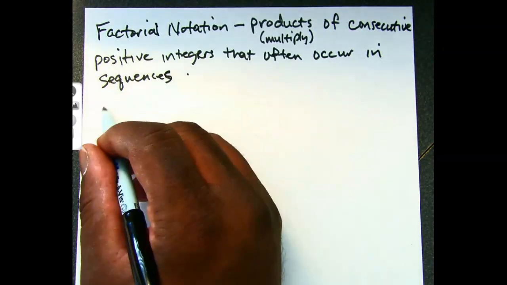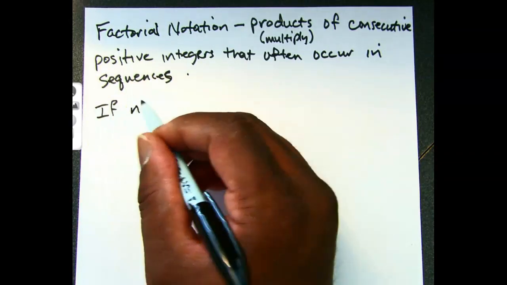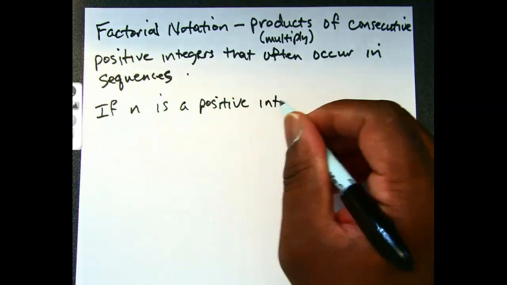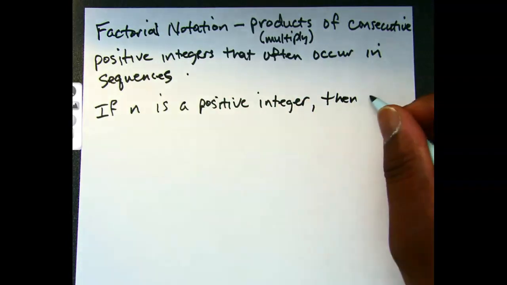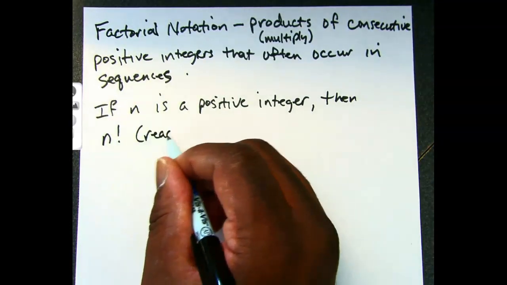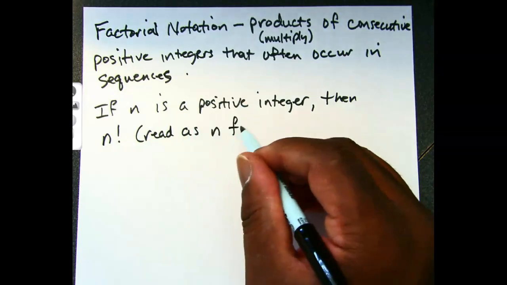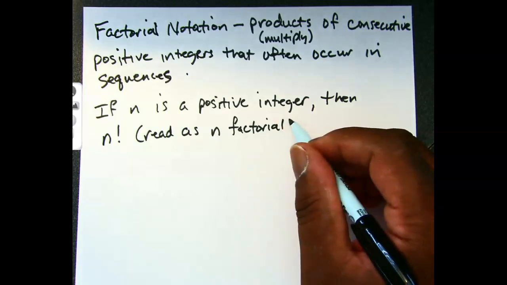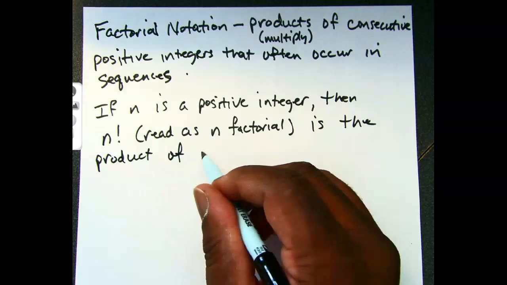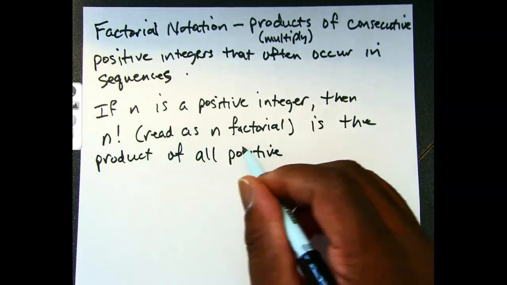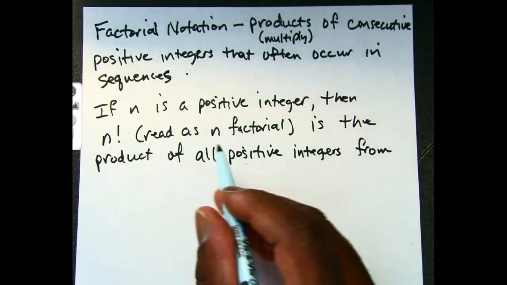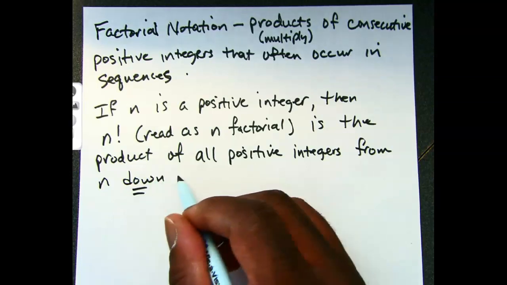So if n is a positive integer, then n with the exclamation mark, and this is read as n factorial, is the product of all positive integers from n down to 1.